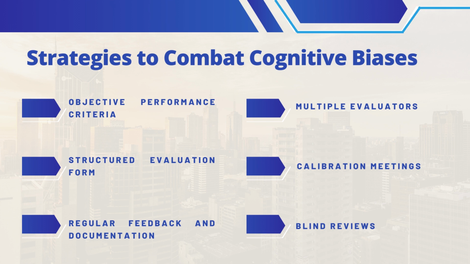And overall, there must be a regular review of the performance evaluation process so that you could refine it to ensure that it is as fair and effective as possible. By implementing these strategies, organizations can minimize the impact of those cognitive biases discussed and enhance the fairness and accuracy of their performance evaluation.